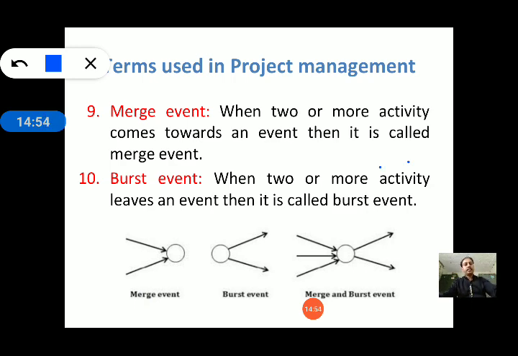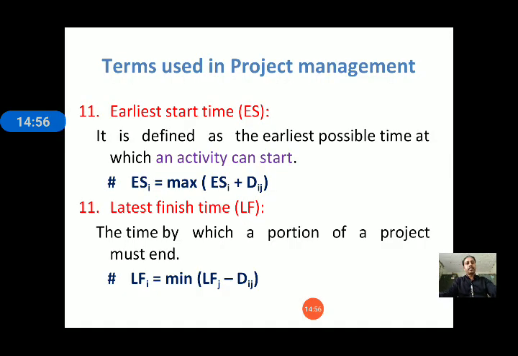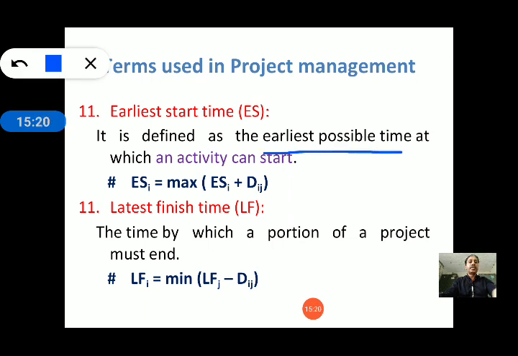Now the most important terms in the network diagram. Earliest start time, known as ES, is defined as the earliest possible time at which an activity can start.